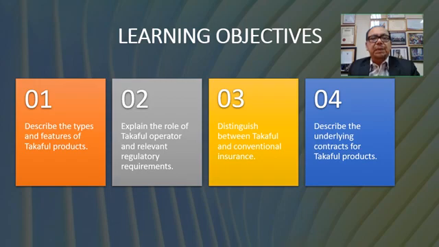Number two, explain the role of the takaful operator and relevant regulatory requirements. Number three, distinguish between takaful, which is the Islamic insurance, versus the conventional insurance. Number four, describe the underlying contracts for takaful product.